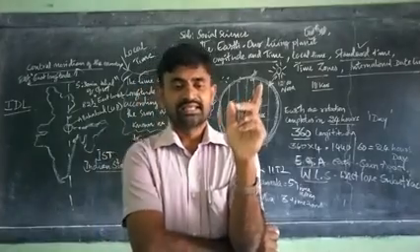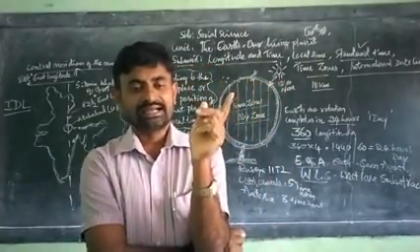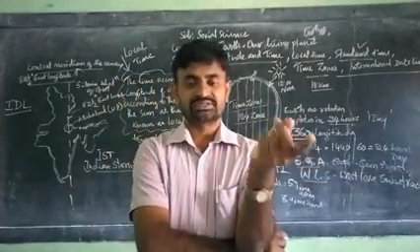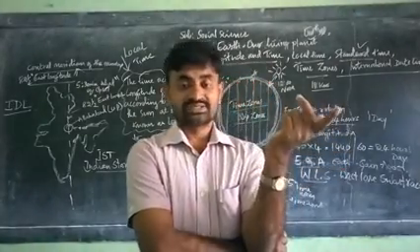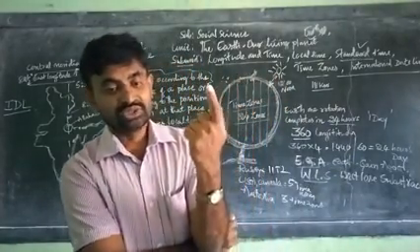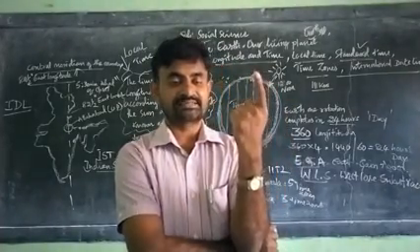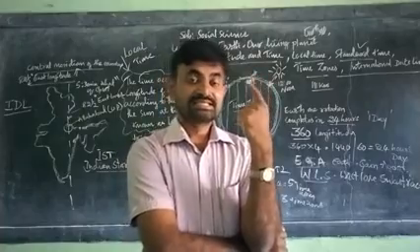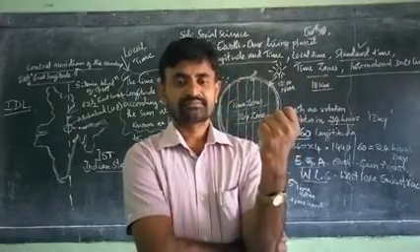Therefore, a line passing through the 180-degree meridian, diametrically opposite to the GMT, was adopted as the point where circumnavigators should make adjustment.